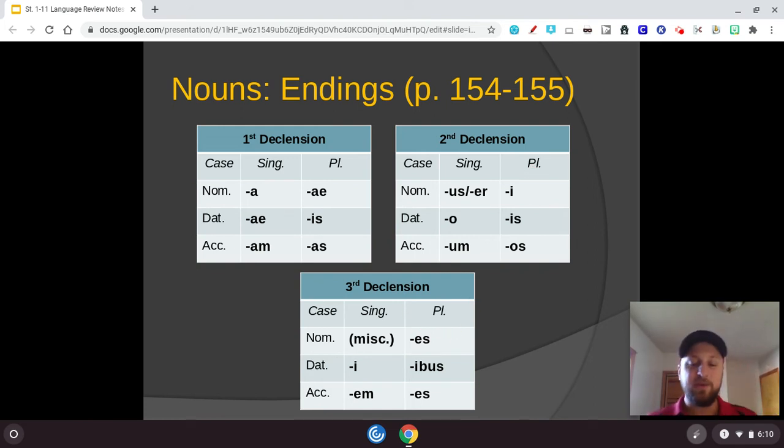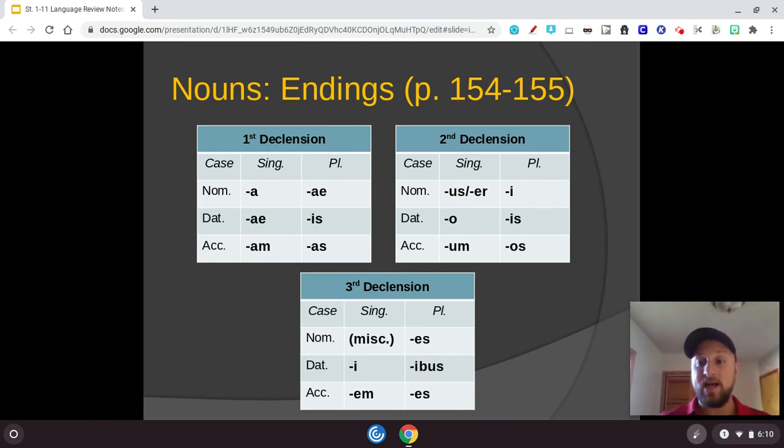So I'm giving you an example in each declension. To say that more than one person in the first declension is receiving the action, the ending would be as. Accusative means direct object, receiving the action. Plural means more than one, and the ending that expresses it is as. To say that one person is the indirect object, like to or for one person in the second declension, the ending would be o.